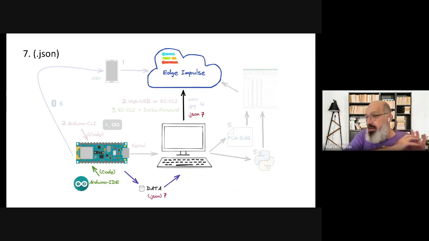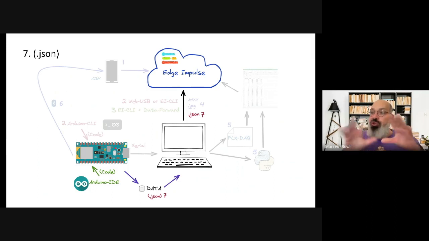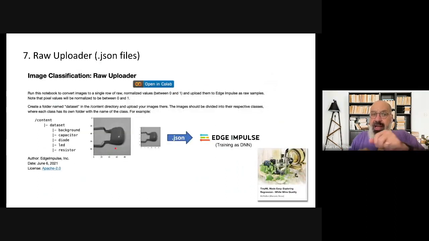You can take this data and send it to Edge Impulse, and that will not depend on whether the device is officially supported or not, or whether you are doing it online or not. So you can capture your data, put your data where you want, and after that you can encapsulate it with JSON and send it to Edge Impulse with all the information inside.